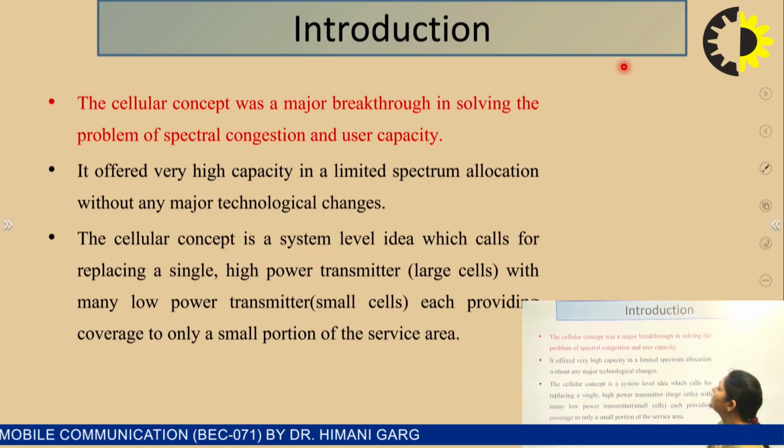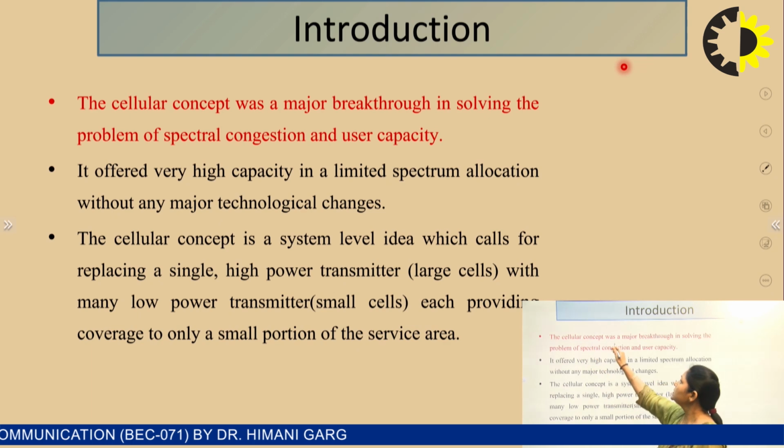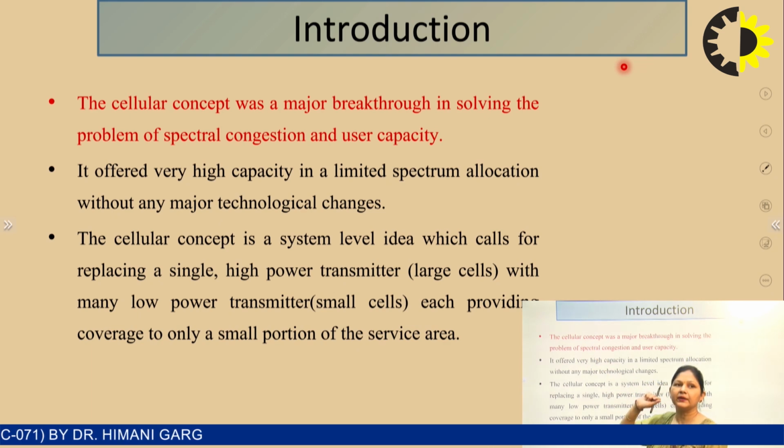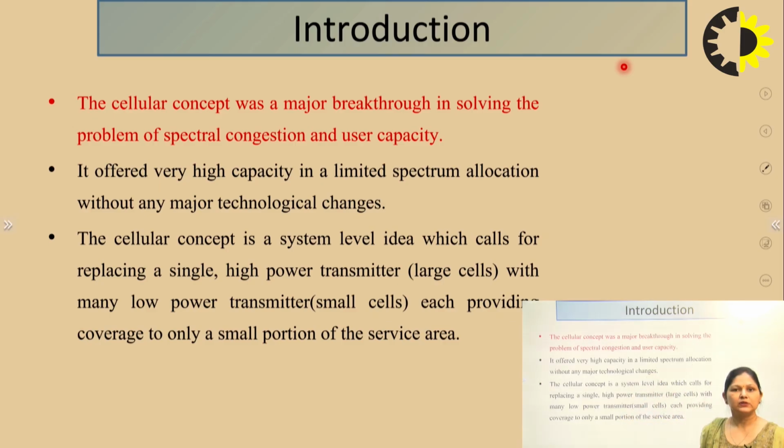Now, cellular technology was a major breakthrough in solving the problem of spectral congestion and user capacity. Spectral congestion means the spectrum is limited, our bandwidth is limited, but the number of users keeps on increasing. So, if the number of users is increasing but the spectrum remains the same, the bandwidth remains the same, the number of frequencies remains the same, then it will ultimately lead to congestion in the network.